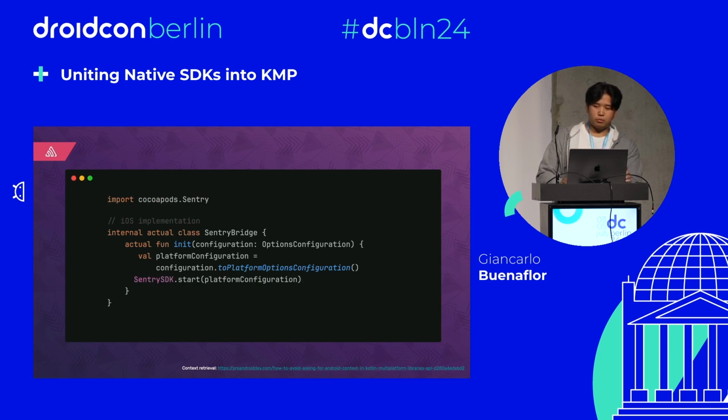But there's one step here in between, which is converting one type to the platform-specific type. So this options configuration uses a Sentry options type, which is defined in the common layer, which has to be converted every time to the platform-specific layer. And this might seem a bit trivial now, but if there's a lot of types you have to convert, it's a lot of bloat that you might encounter in your application.